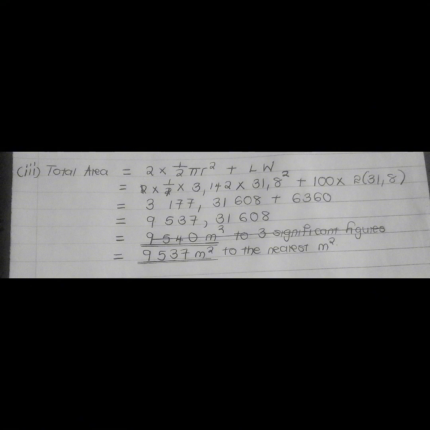On pi we put 3.142, and on radius we put 31.8. For our length times width, we are given that the radius is 31.8, so the diameter is going to be 63.6. So that is why we are saying 100 times 63.6.